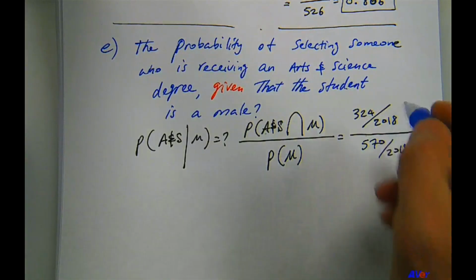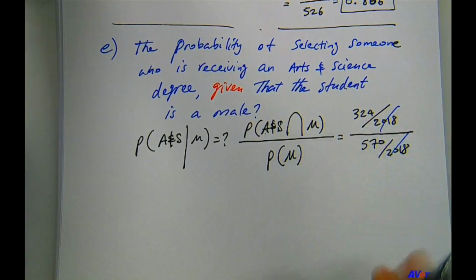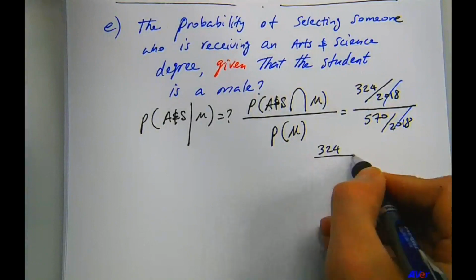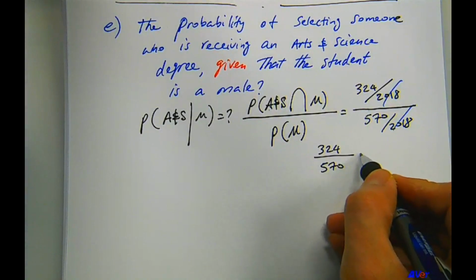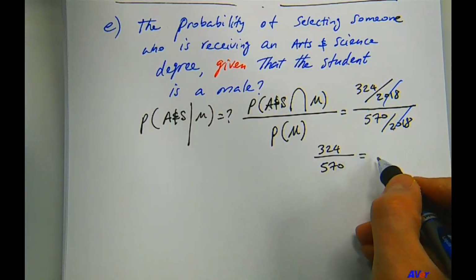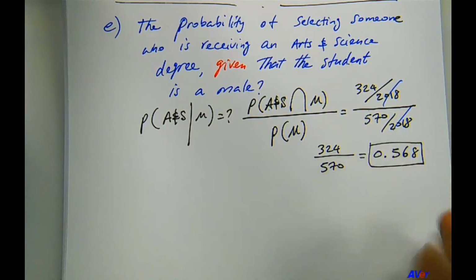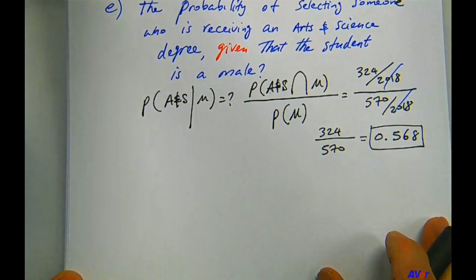So now the 2018s cancel out. We end up with 324 divided by 570, and that gives us 0.568, which is the answer carried to 3 decimal places.